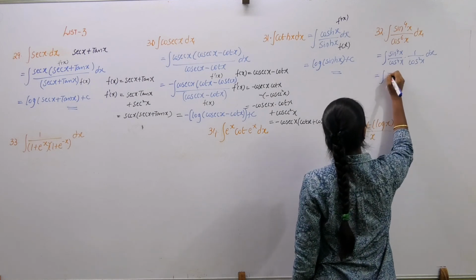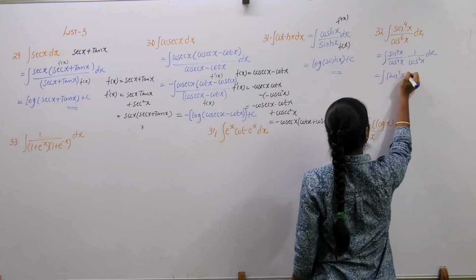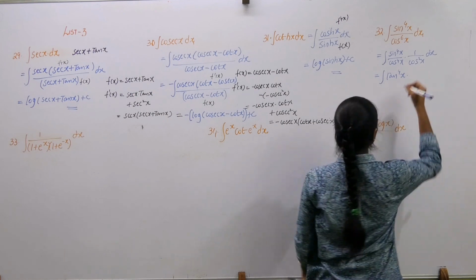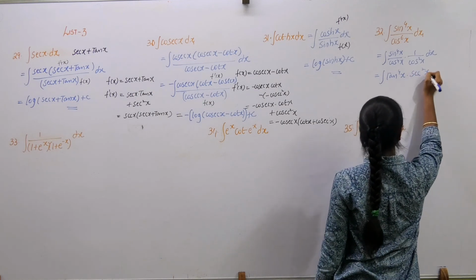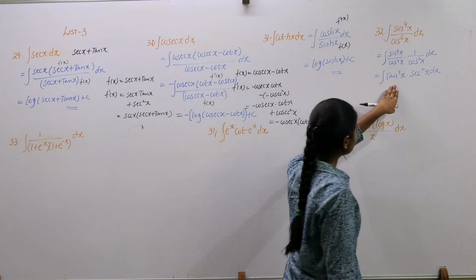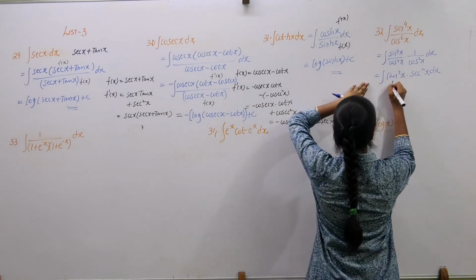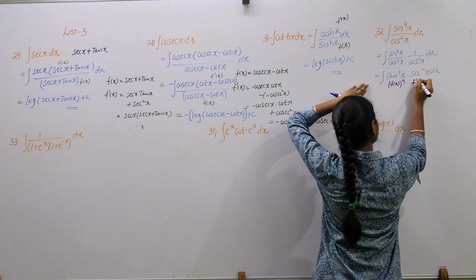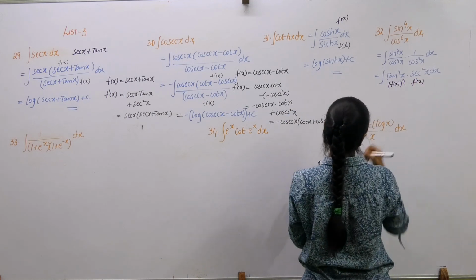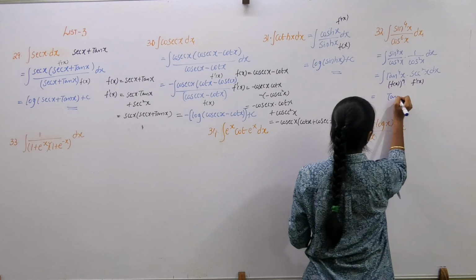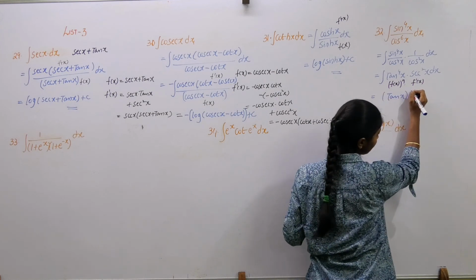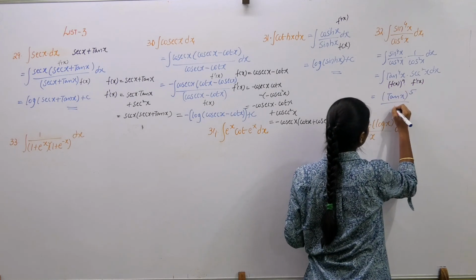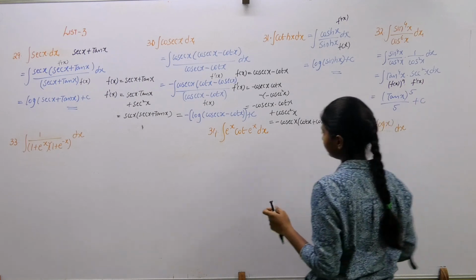The next step, we can write this as tan power 4x into 1 by cos square x, which is secant square x dx. This is in the form of integral f of x whole power n into f dash of x dx. It is equal to f of x whole power n plus 1 by n plus 1, that is tan power 5x by 5 plus c.